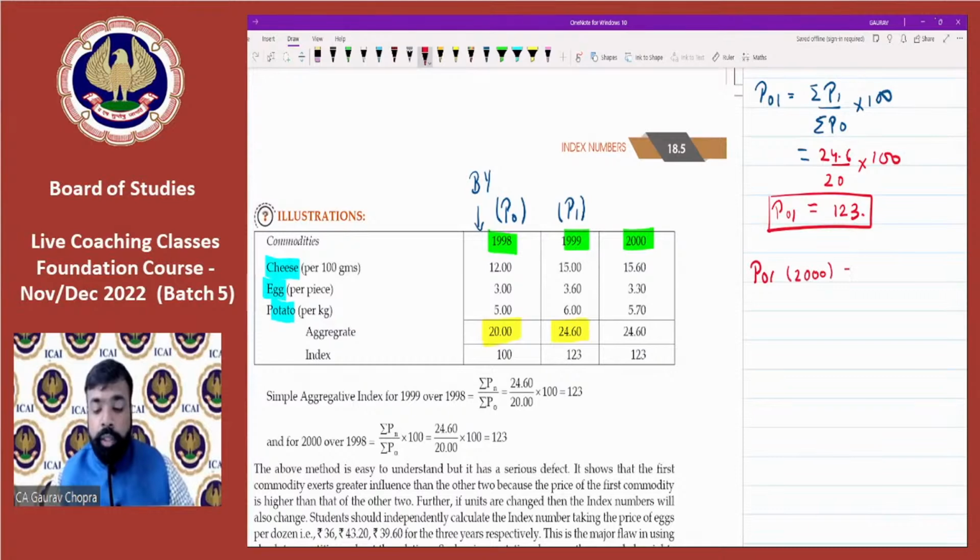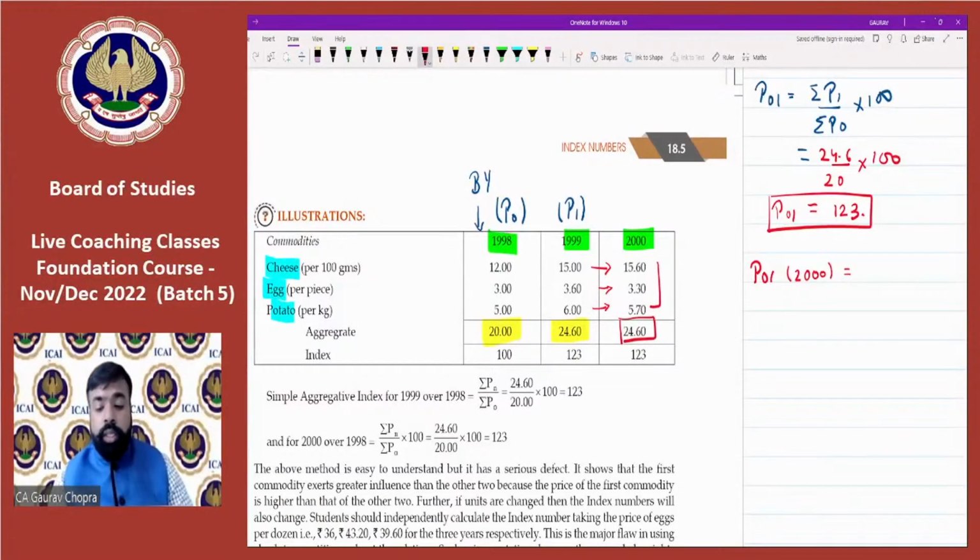Similarly, we can also calculate for 2000. In the numerator, we have to write the total, and the total is exactly the same. If we see individually, the price of cheese has increased, the price of egg has decreased, the price of potato has decreased, but the overall total is the same.